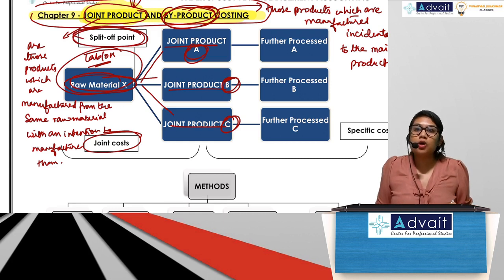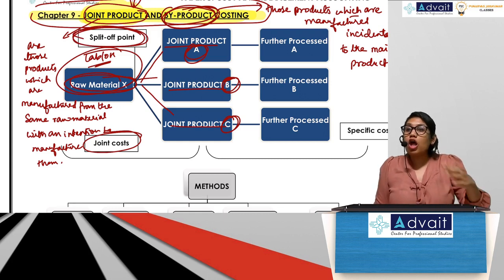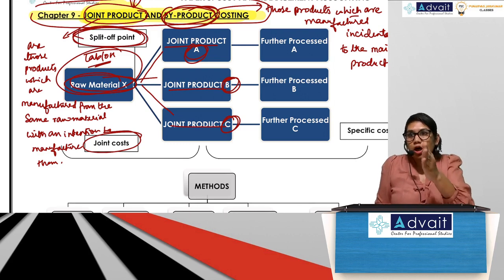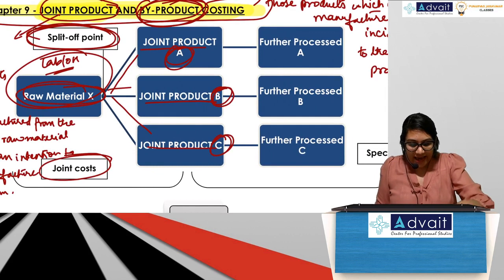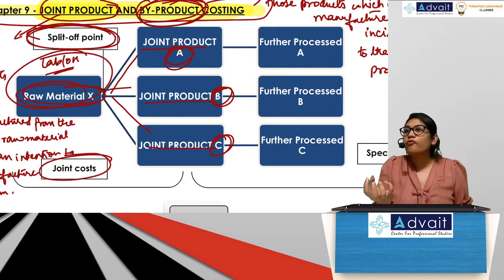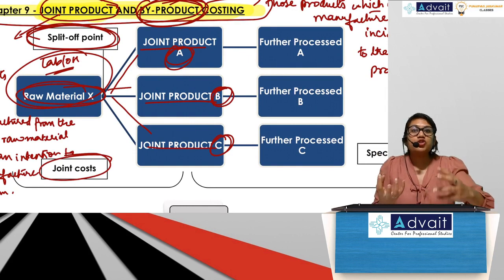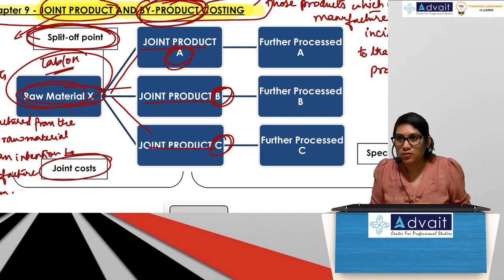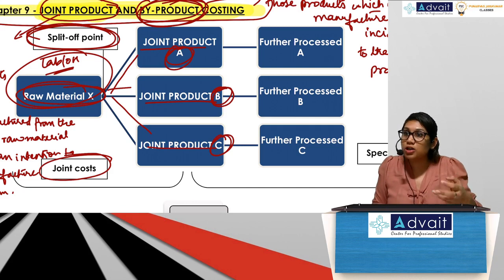All costs incurred up to that split off point are called joint costs. So now if A, B and C are obtained in their raw form, they can be subject to further processing.